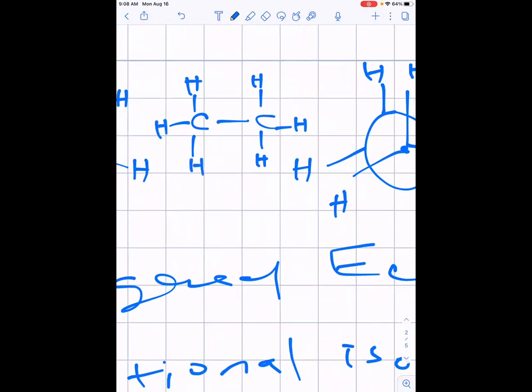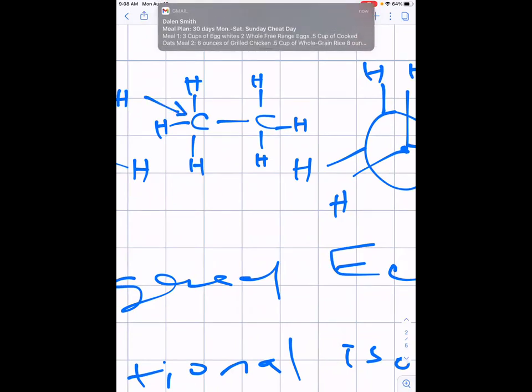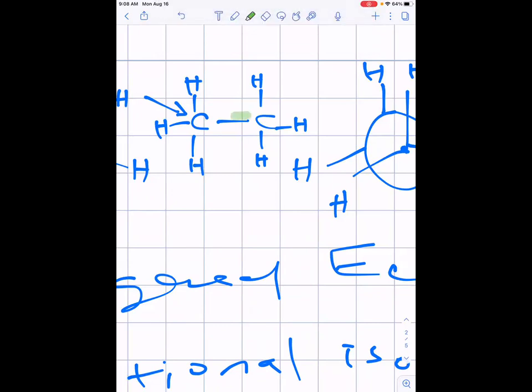Right, but taking this and basically looking down the carbon-carbon single bond that's here in the middle. It's almost like having one carbon facing you, kind of like looking down the insert for a roll of paper towels, right? If you look through the hole on one end, you can see out the other end.